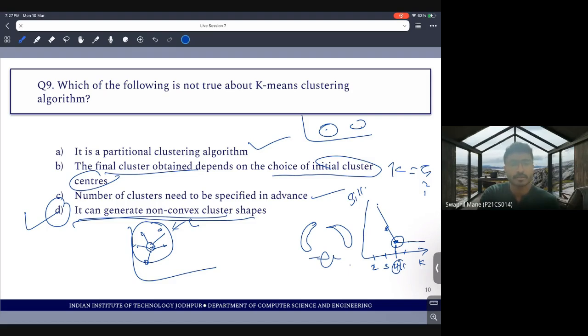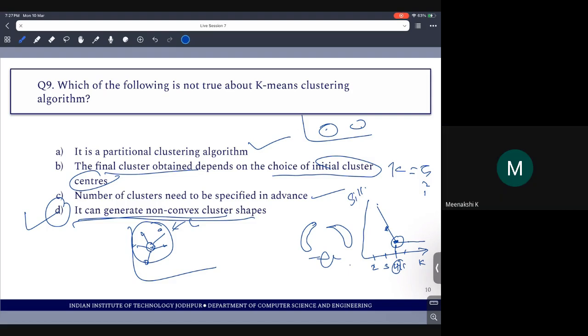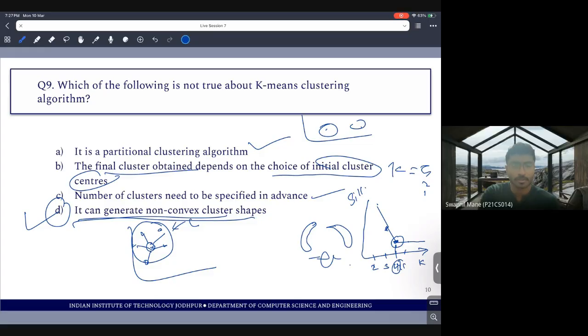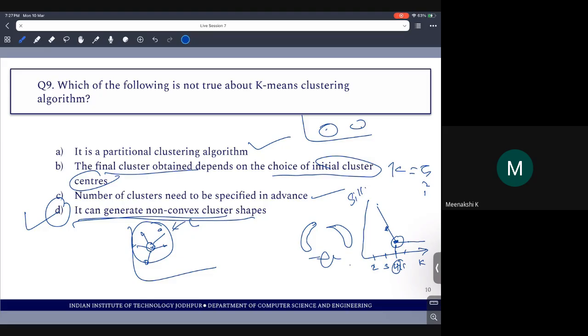In the course outline, these three topics are there: evaluation, visualization, and sequence mining. But these topics are not covered by Pabitra sir. Will there be questions in the exam?